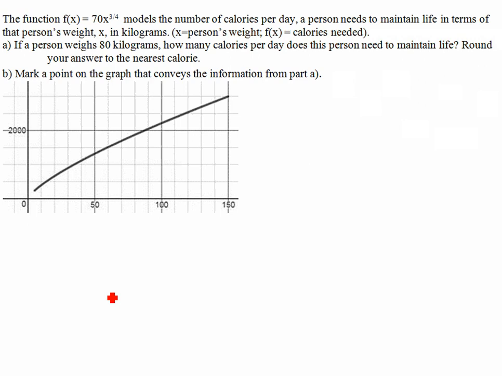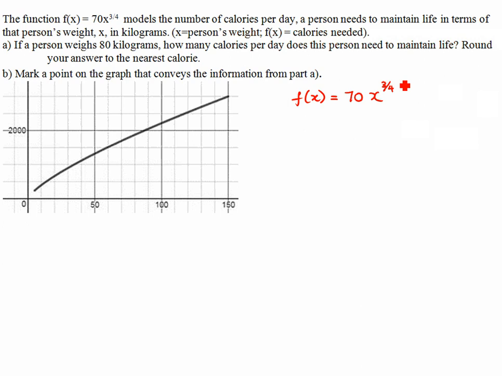So we have the function f of x equals 70 times x raised to the 3/4. x represents the person's weight, and f of x represents the calories needed.